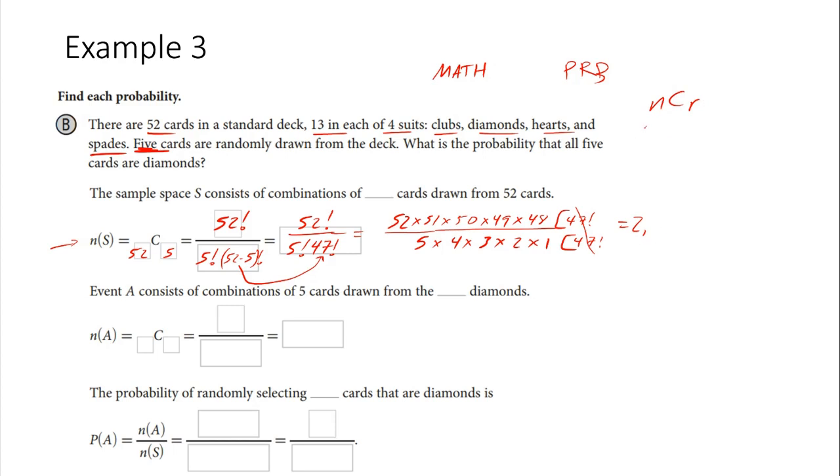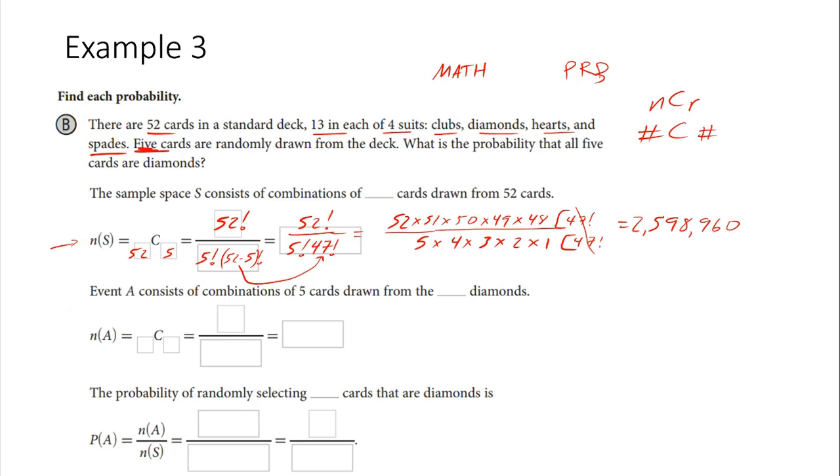So you get some number, you go to math, probability, nCr, and then plug in the next number, and it gives you your answer. So you get 2,598,960 different ways we can really pull out these cards. That's a lot. No wonder we use this for games, right?